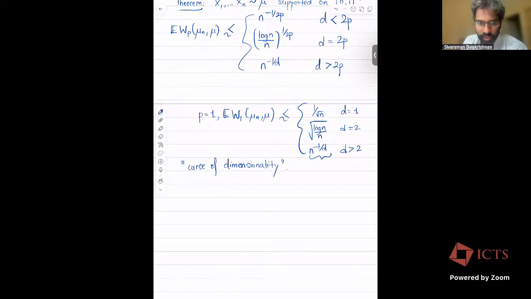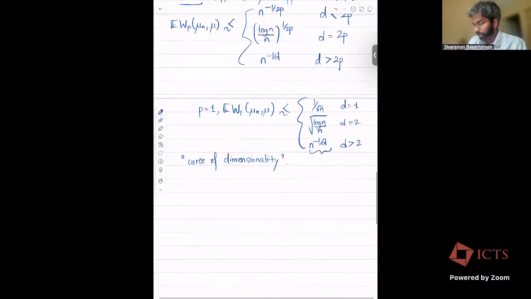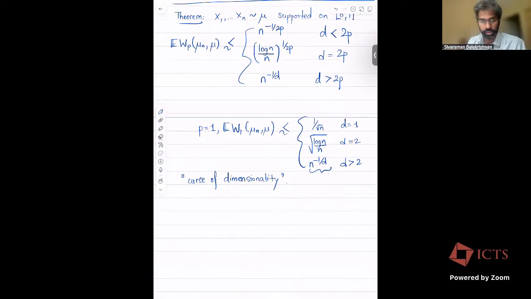You are estimating some non-parametric object with a fairly powerful notion of distance. So the Wasserstein distance is quite a useful, powerful notion of distance. So you should expect somehow these non-parametric rates of convergence. And maybe the surprising aspect of these results is just that you can get consistent estimates without assuming any structure on mu other than, in this case, that it's supported on some compact set.